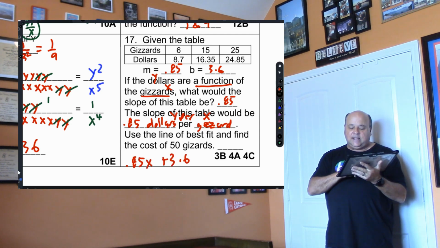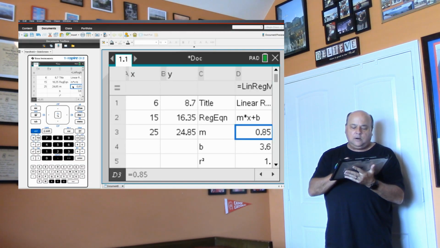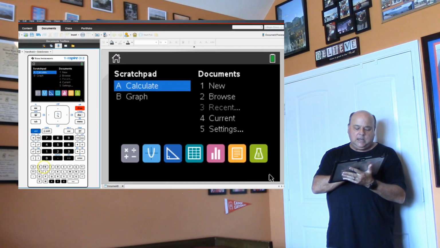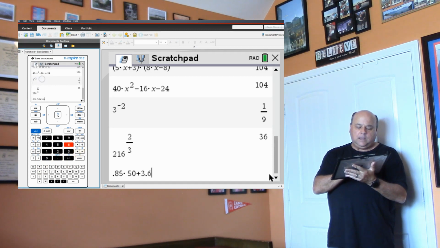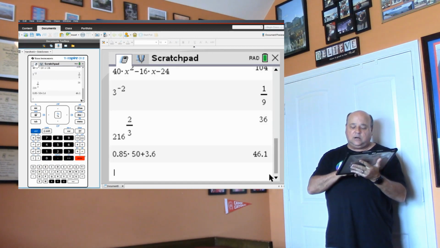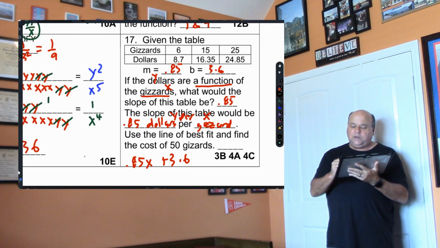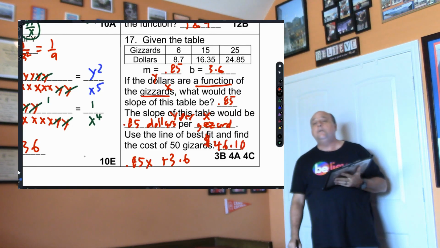I'm going to put 50 in for x. So I'm going to go to my calculator, hit home and calculate, 0.85 times 50 plus 3.6, and hit enter. I get $46.10. So $46.10 is what 50 gizzards would cost.